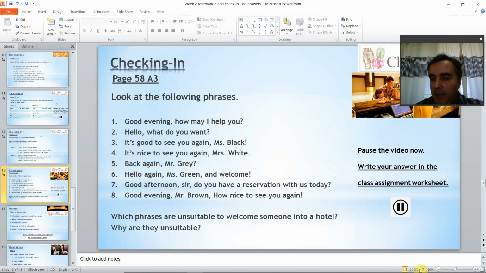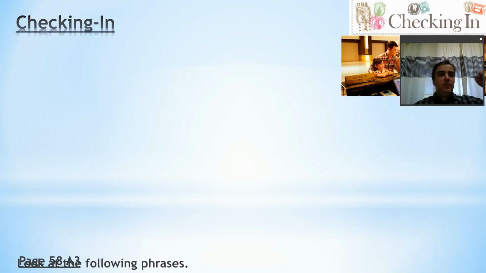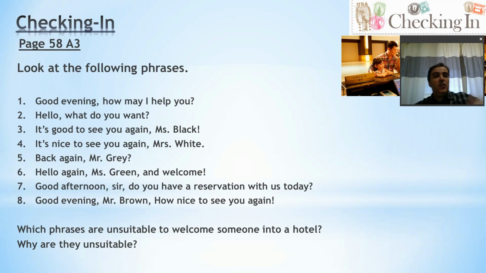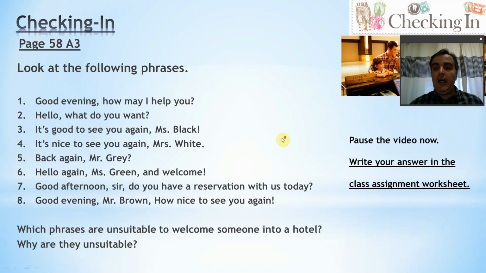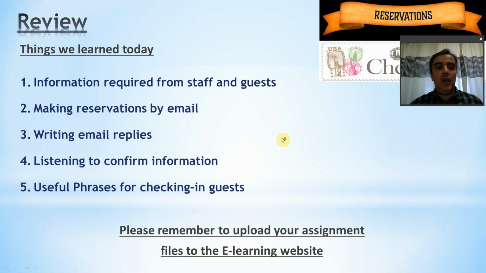Okay then, let's go back here. So once you have done this part, that's the assignment finished. At the end of this video, I am just going to go through some of the things that we've learned today. We talked about the information required from staff and guests. I will be reading your assignments and giving you some feedback.